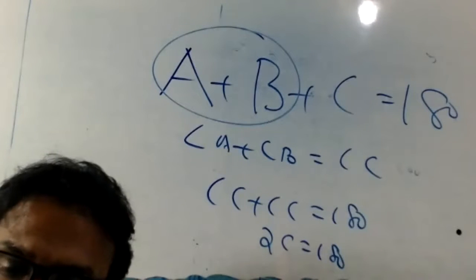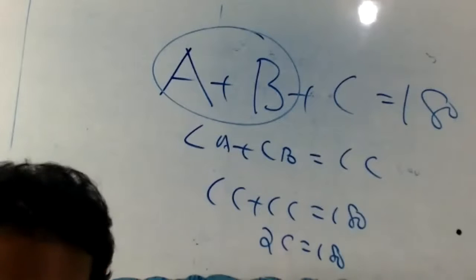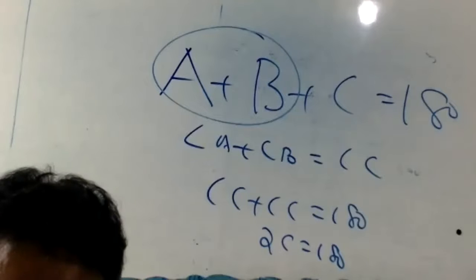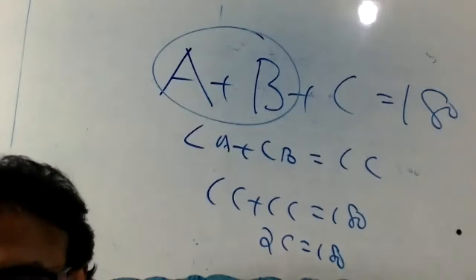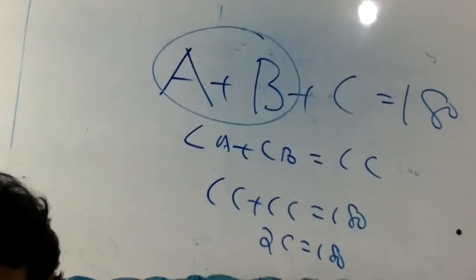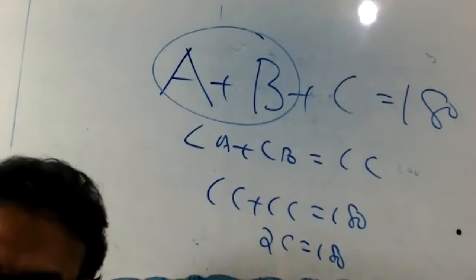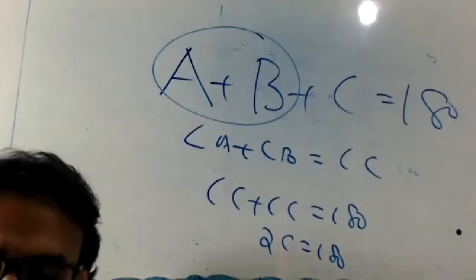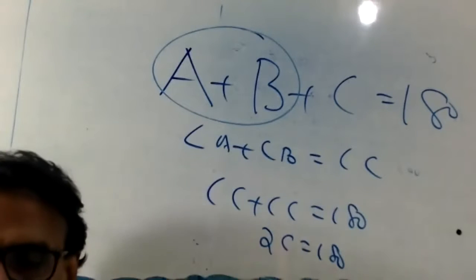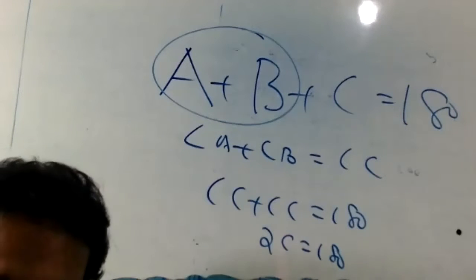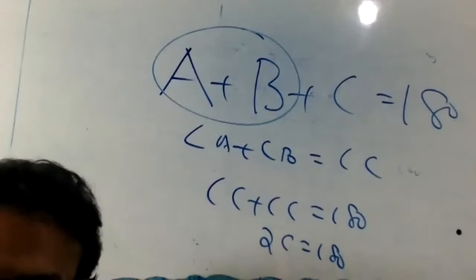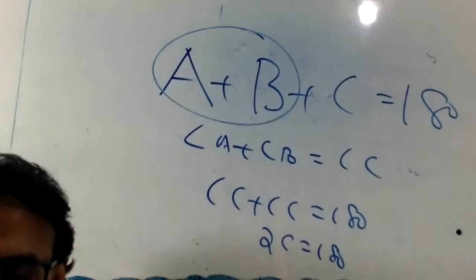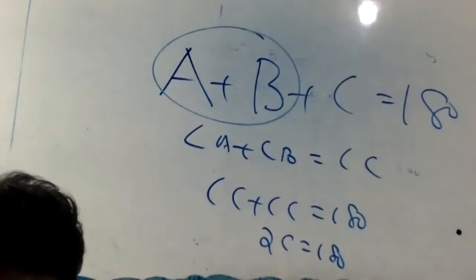Another is three times the smallest. Once again, of the three angles of a triangle, one is twice the smallest. Another one is three times the smallest. Find the angles.